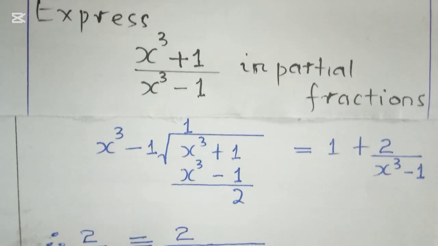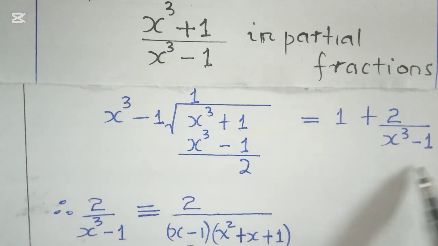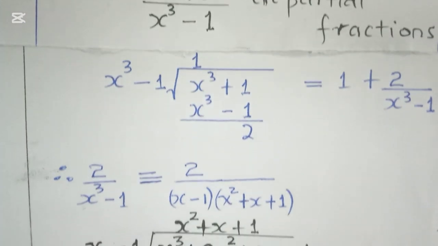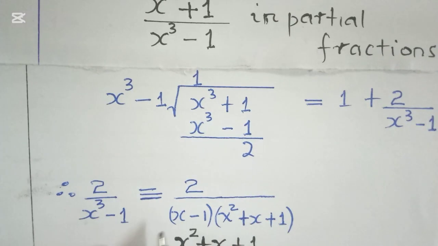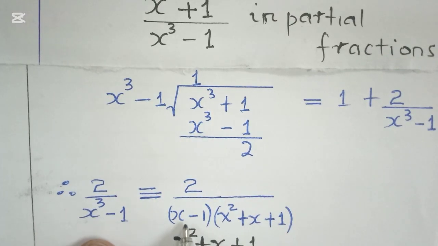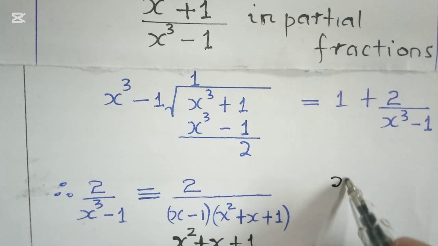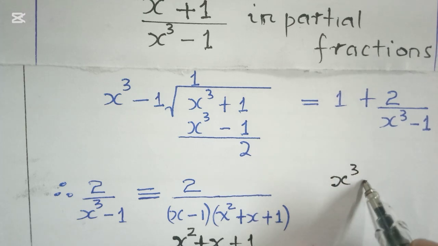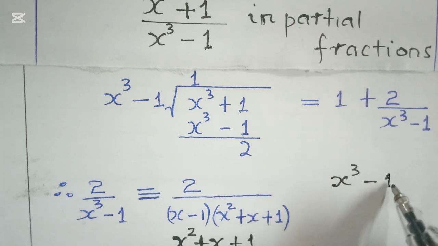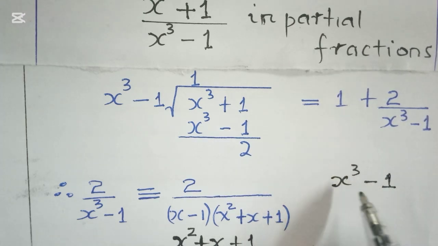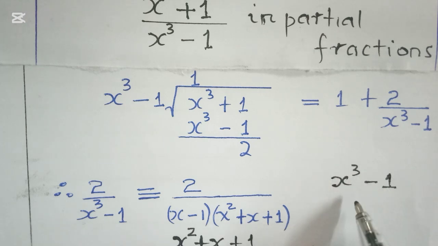Now we have this. This is what now we have. And now we come here again. Before we now come to this, we need now to establish, because we have x cubed minus 1, and we know that for this, we have a factor of 1.